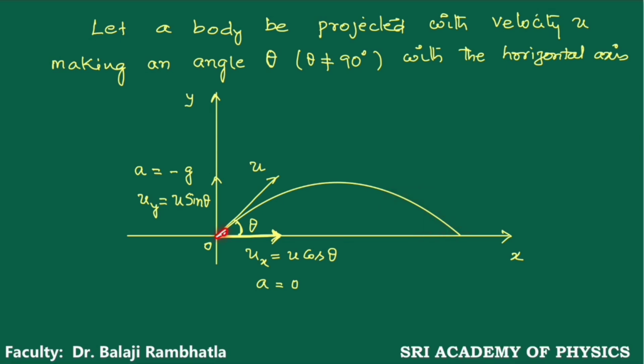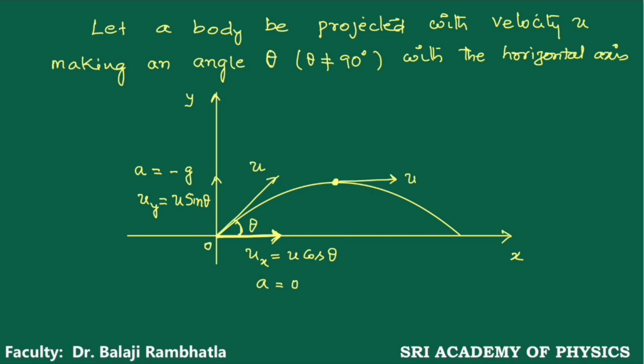So here the magnitude of the horizontal component always remains the same, but the vertical component depends upon time. This component gradually decreases. At this point you have only the horizontal component. This is the maximum point.